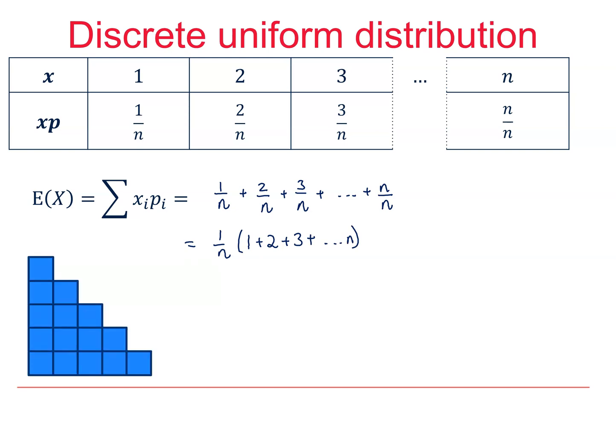And that gives me 1 over n multiplied by the triangular numbers. So that's 1 over n multiplied by a half n, n plus 1. And that simplifies to a half n plus 1. So that's the expected value of the uniform distribution.